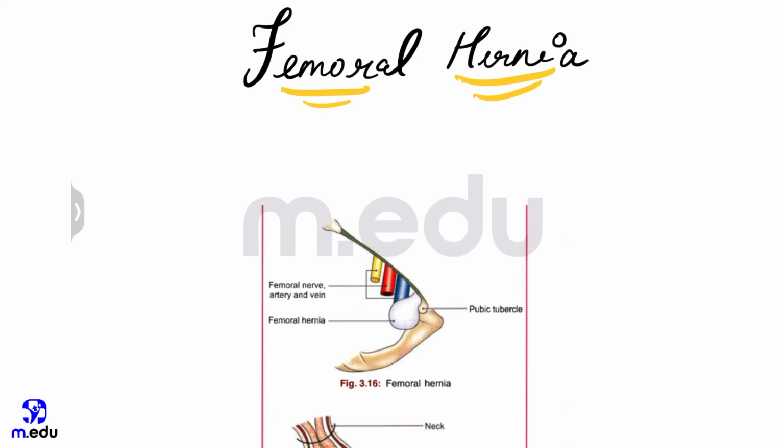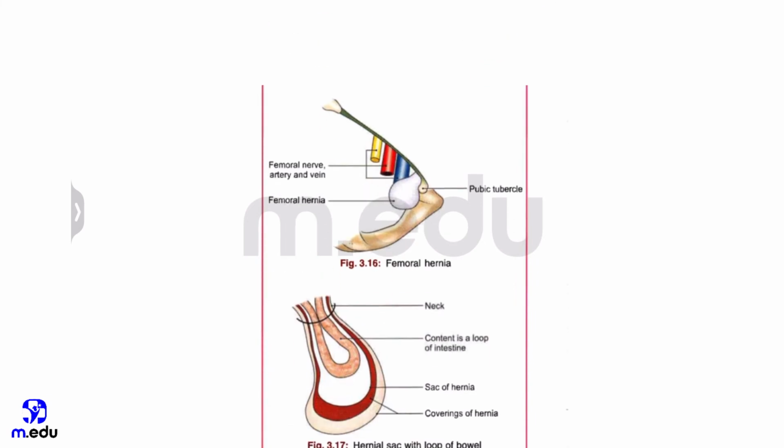Femoral hernia is more common in females as they have a wider pelvis and the femoral canal is wider and they have smaller femoral vessels. In males, the hernia that is common is known as inguinal hernia.